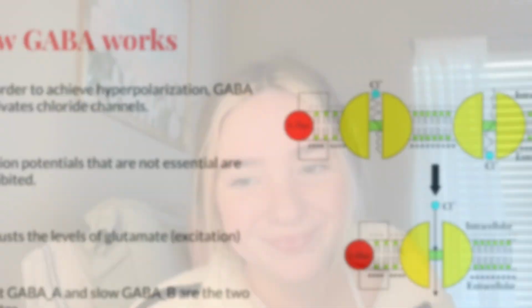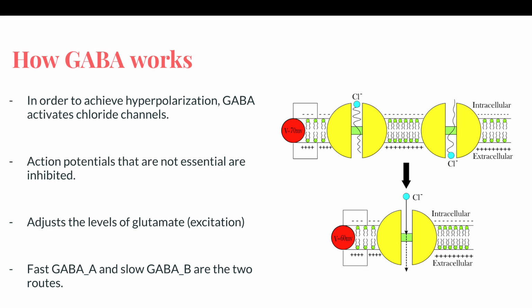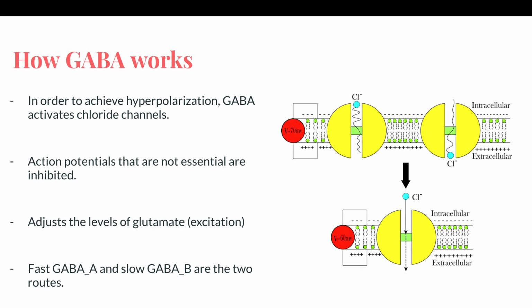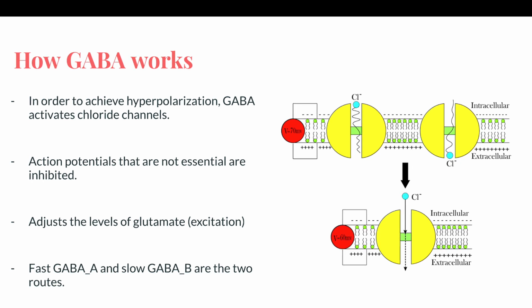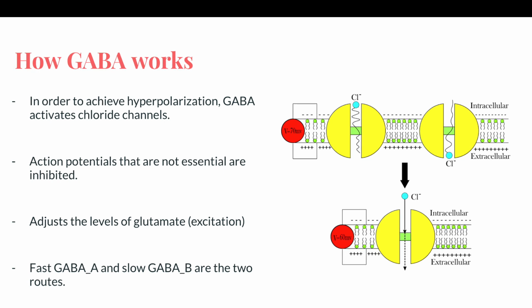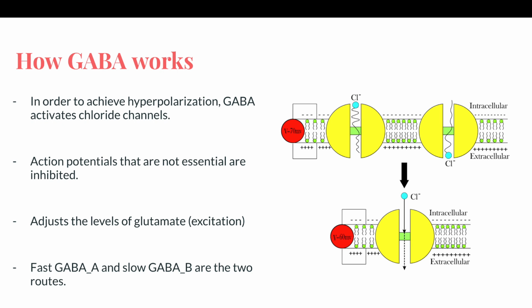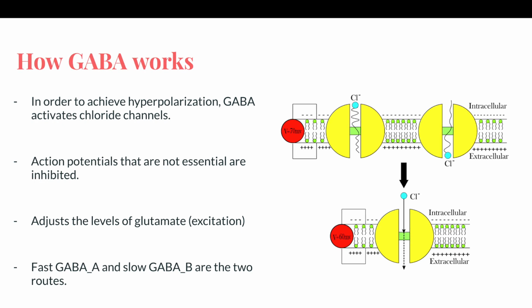Here we go. For my first slide, it is titled How GABA Works. So this slide is the scientific version of my group project analogy I'm going to be using. When GABA binds to its receptor, it opens these chloride channels, which in the image I chose, are the yellow structures.